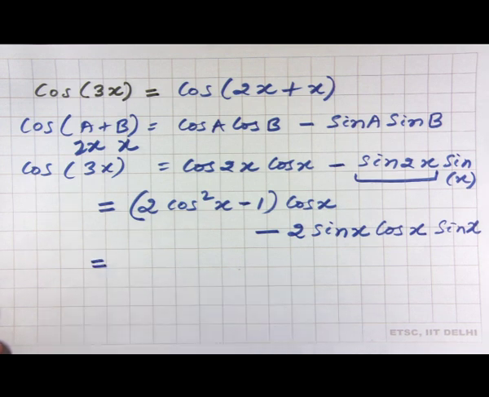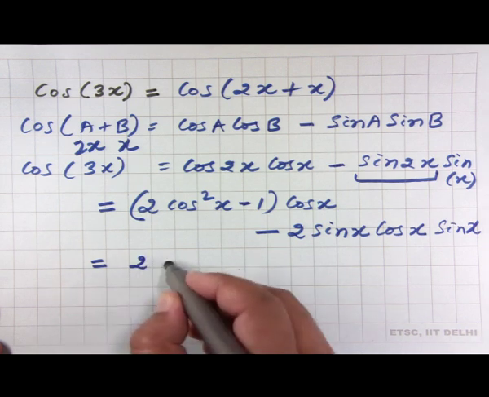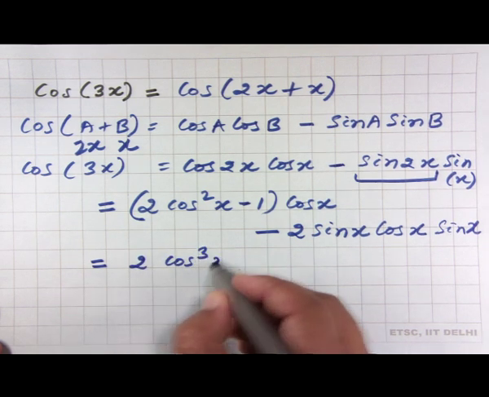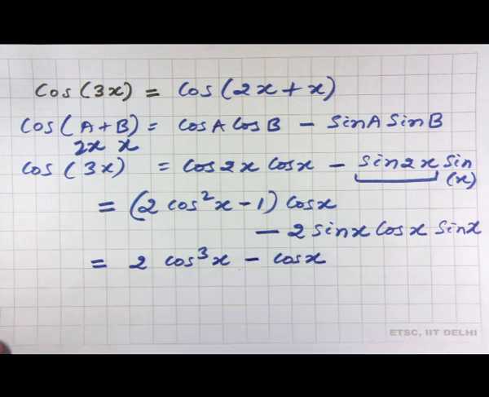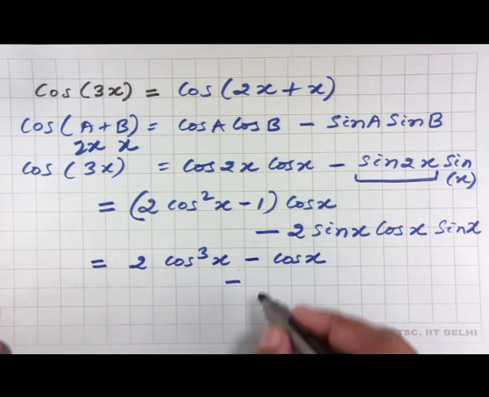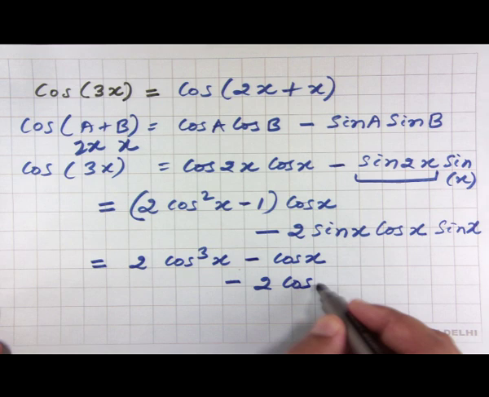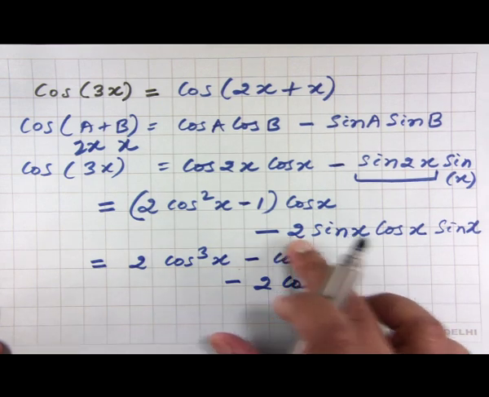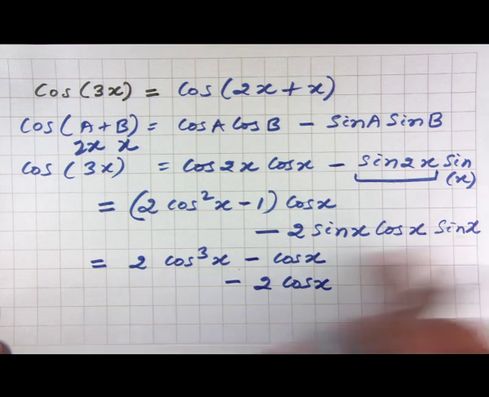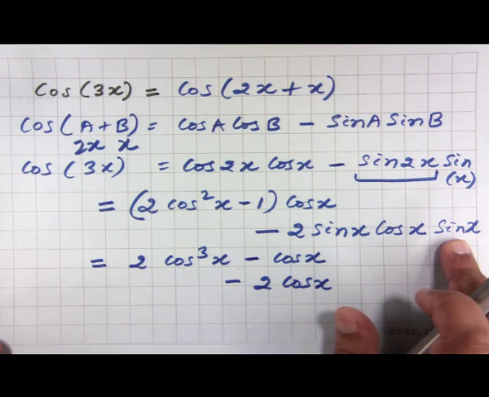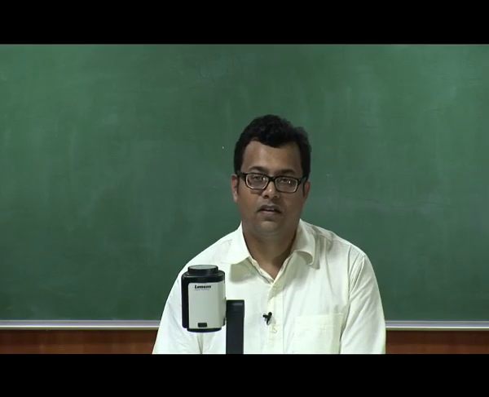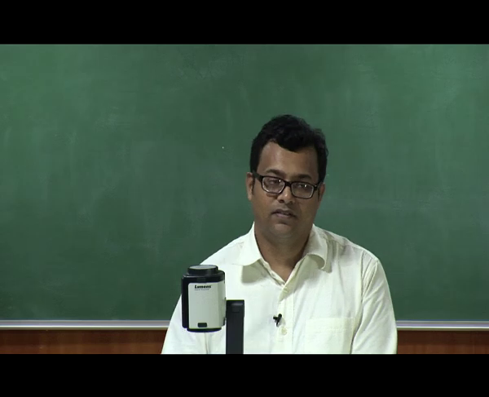Which is equal to minus 2 cosine of x. So, this particular term is 2 times cosine x times sin square x, but sin square x is nothing but 1 minus cos square x.